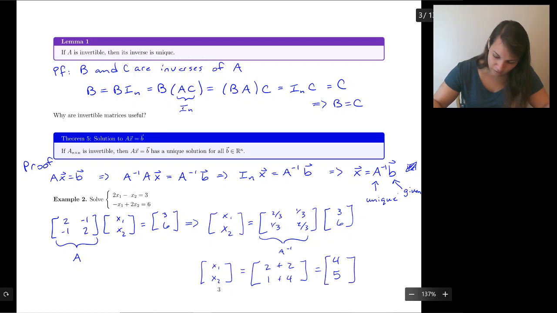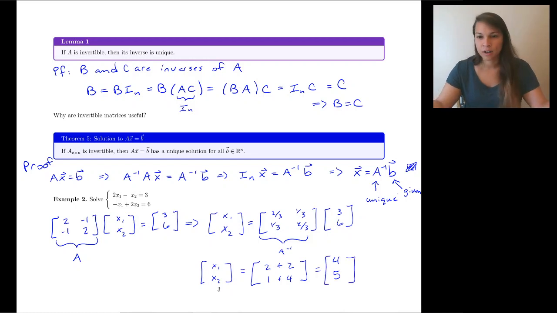So the result is 4, 5. And then if you want, you can plug that back in just to verify that I am indeed not lying, that that is the solution. Okay. But that's only useful if you have A inverse. So how do you get A inverse? I'm going to answer that question in just one more slide.